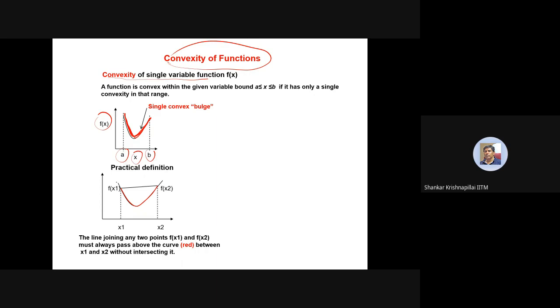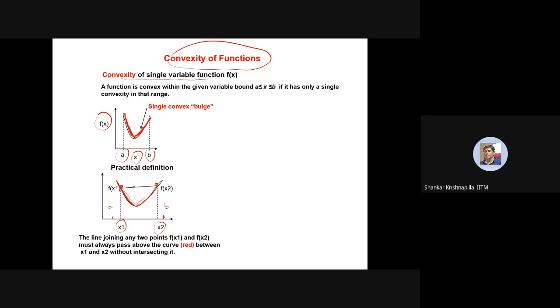Suppose this is your objective function, and it is convex within a certain range, say A to B. Then you take any two points, x1 and x2, and find f of x1 and f of x2.